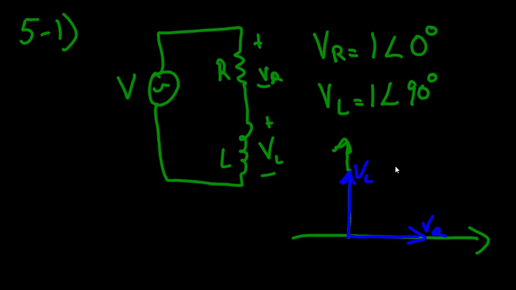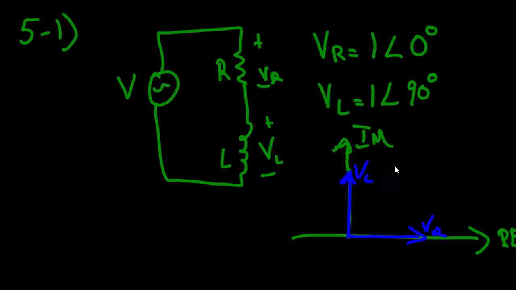Now this says write VR and VL in rectangular form. So this would require us to, this is the imaginary part, and this is the real part. So we would have to convert from polar form to rectangular form. And this is done pretty easily if we're given angles like this.